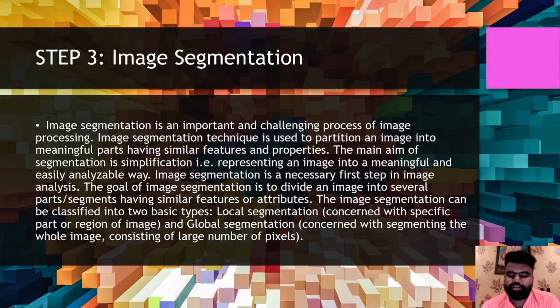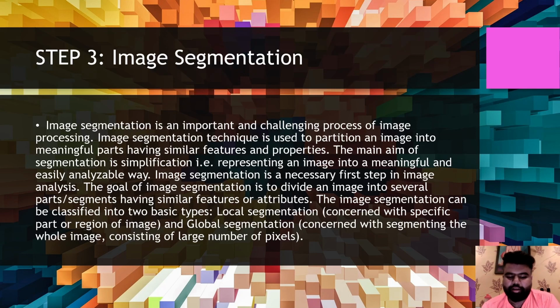So how does image segmentation work in plant identification? I am going to tell you that. Image segmentation can be used for separating the plant from the background. This is one of the methods, or to isolate different parts of the plant, such as leaf, flower, or stem, so that they can be isolated from each other.